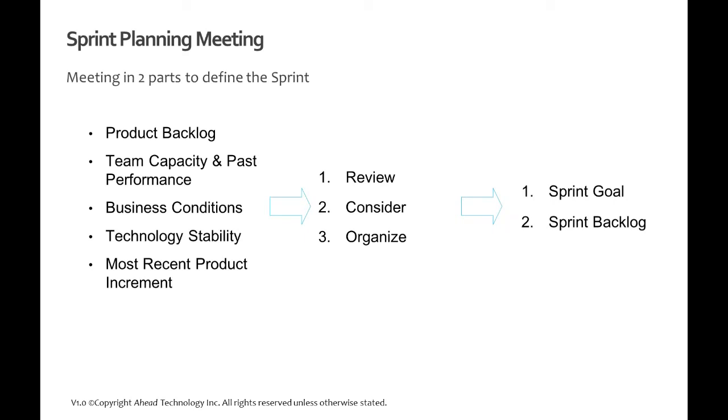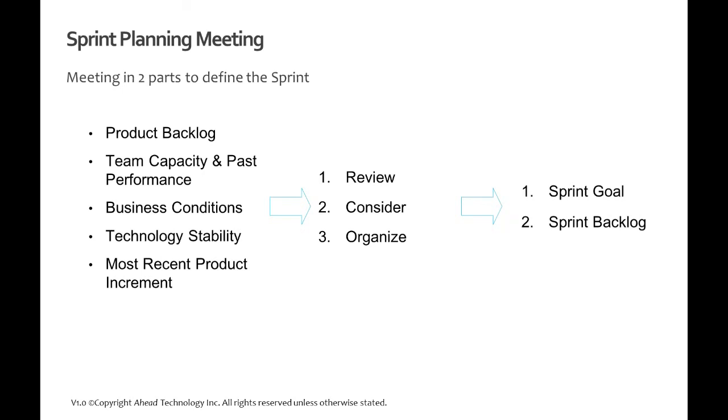So just to reiterate, the sprint planning meeting, the first key event in a sprint. It's a meeting in two parts. To define the sprint, your input is the product backlog. If you've got some past performance on the team capacity, you can include that.